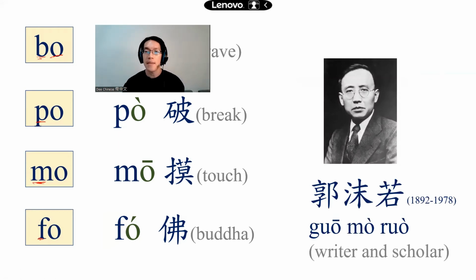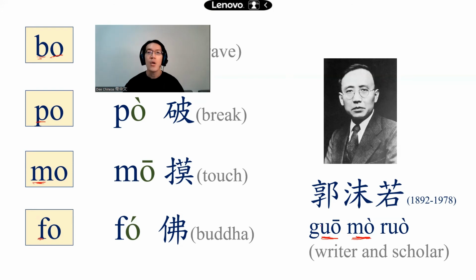So let's read the person's name together. The person's name is very special. His name is 郭沫若. You will hear that the mo is a little bit similar to wo.